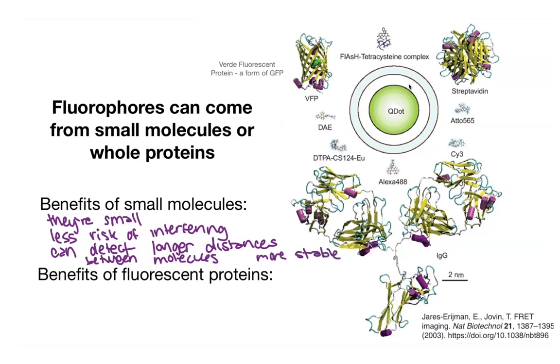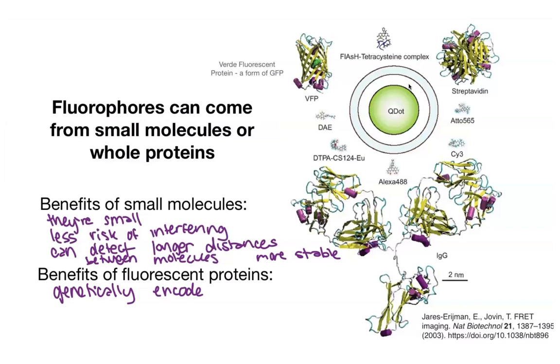So let's think about what are some of the benefits of having a fluorescent protein. Probably the main benefit is that you can be genetically encoded. So basically, we can attach a GFP, a YFP, or a CFP onto the ends of proteins. We can attach it to the N terminus, or to the C terminus, just by sticking the sequence for that protein onto the sequence of our protein, by making one of those fusion proteins.